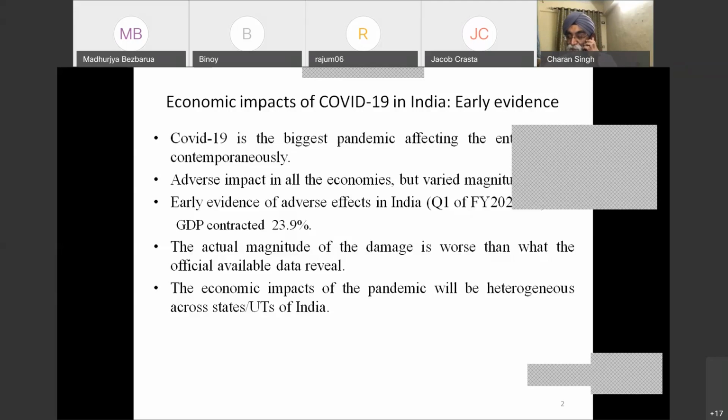But as the experts say, the actual magnitude differs from what the official available data reveal. The experts like Professor Panopshen, according to him, it is about 32%. And this adverse economic impact of the pandemic would be quite uneven across states. There would be some states which would be suffering much more damage than the official 4% or the unofficial figures of around 33 or 32%.